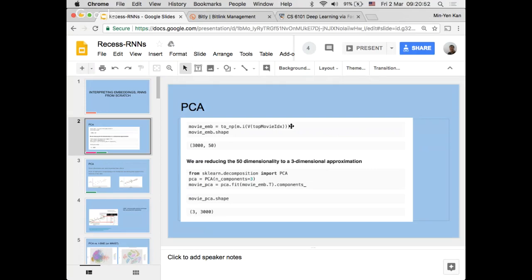He mentioned PCA as a way to reduce dimensions, and here he used PCA to reduce from 50 dimensions to 3 dimensions.